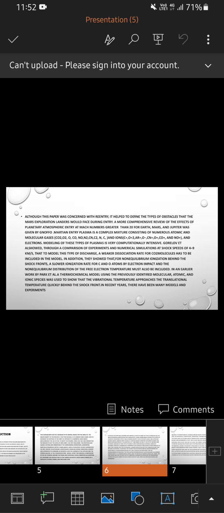Gorillot and Alshot, through a comparison of experiments and numerical simulations at shock speeds of 4 to 9 kilometers per second, showed that to model this type of discharge, a weaker dissociation rate for CO2 has to be included in the model. In addition, they showed that for non-equilibrium ionization behind the shock front, a slower ionization rate for C and O atoms by electron impact and the non-equilibrium distribution of the free electron temperature must also be included.